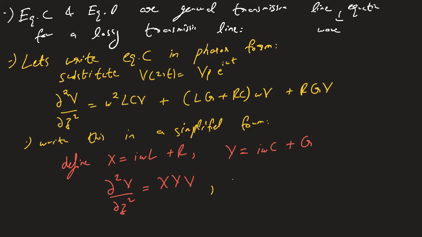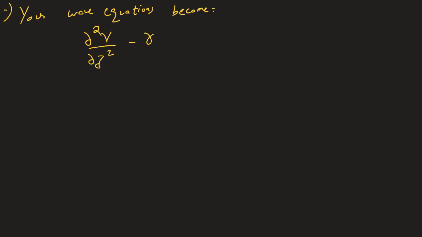And if you then further define a parameter gamma squared to be equal to x y, then your wave equations simply become partial 2v by partial z squared minus gamma square v equal to 0.